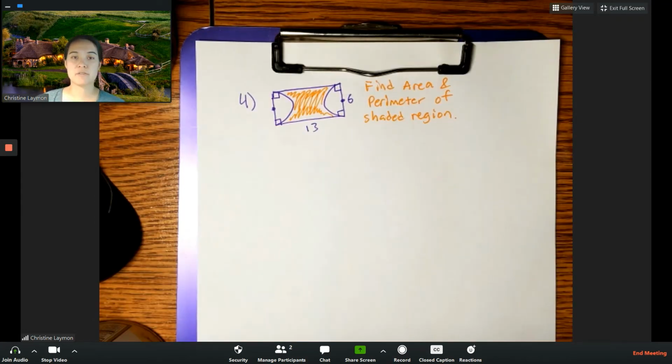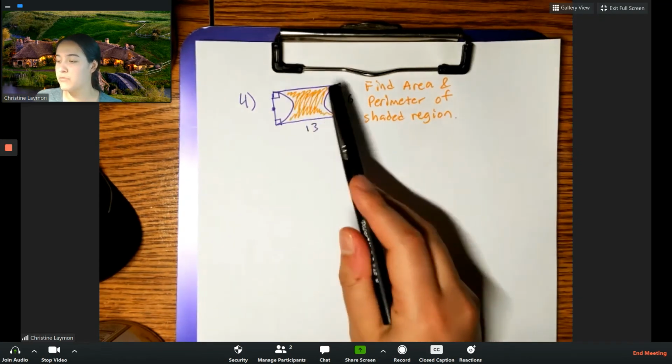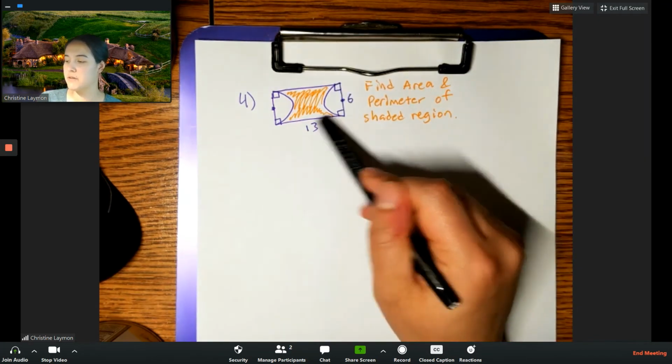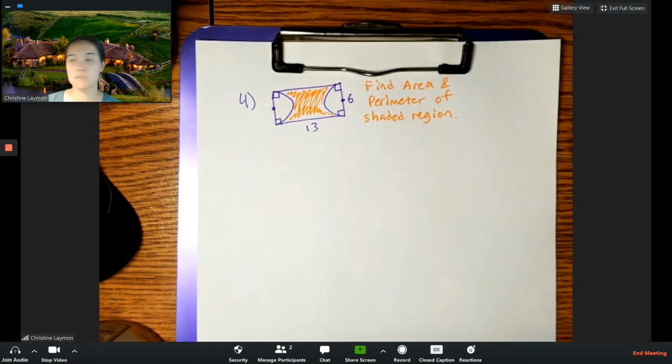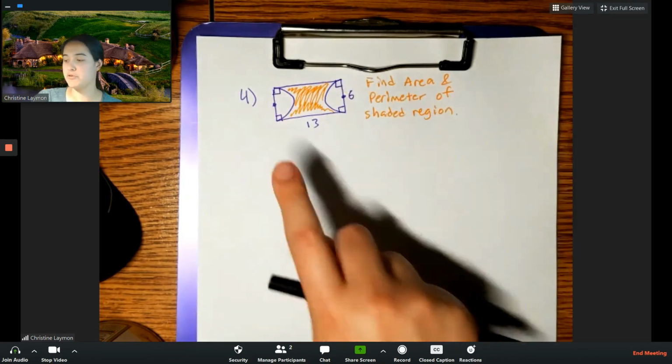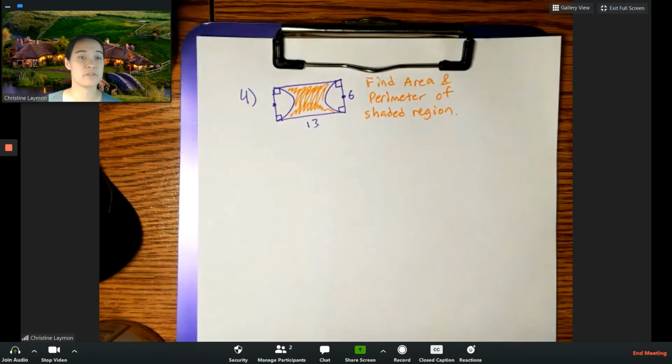In this next question, we've been asked to find the area and perimeter of the shaded region. Observe that this is a rectangle. I have 4 right angles, the definition of a rectangle. Notice that this one side is 6 and this side is 13. So if I want to find the area of this, I can take the area of the rectangle and then subtract out these parts of the circle.